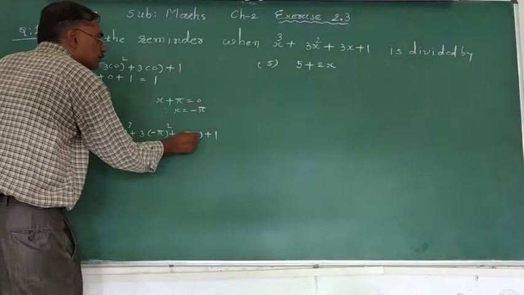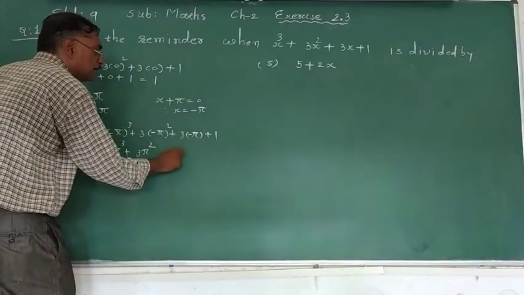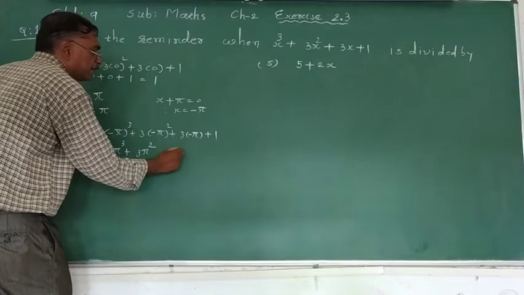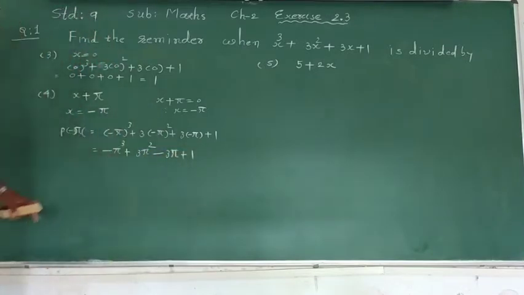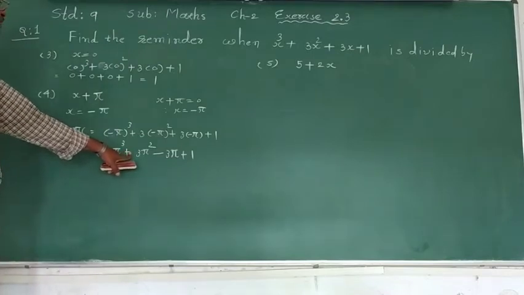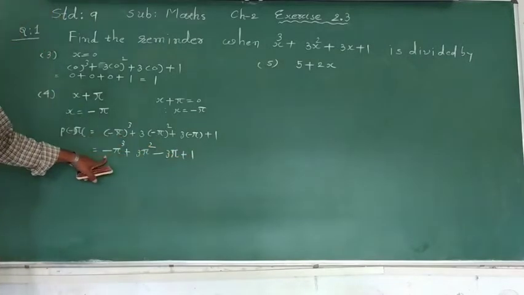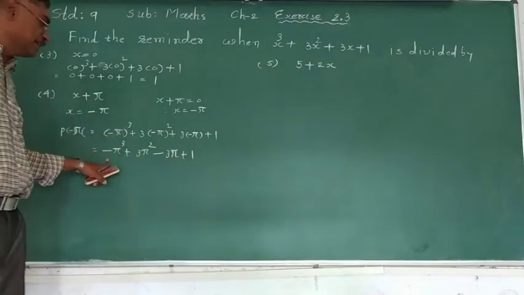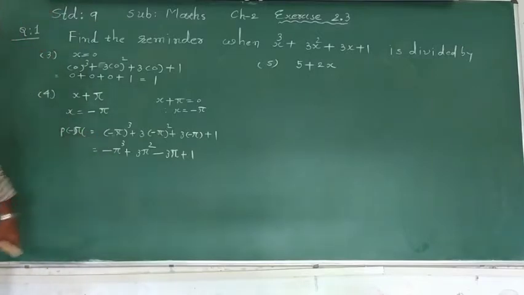Here is the minus, so 3 multiplied by 5 is minus, plus 1. So minus 5 cube plus 3x square minus 3 x plus 1. So these are all unlike terms. We cannot factorize them or obtain. So this is the remainder.